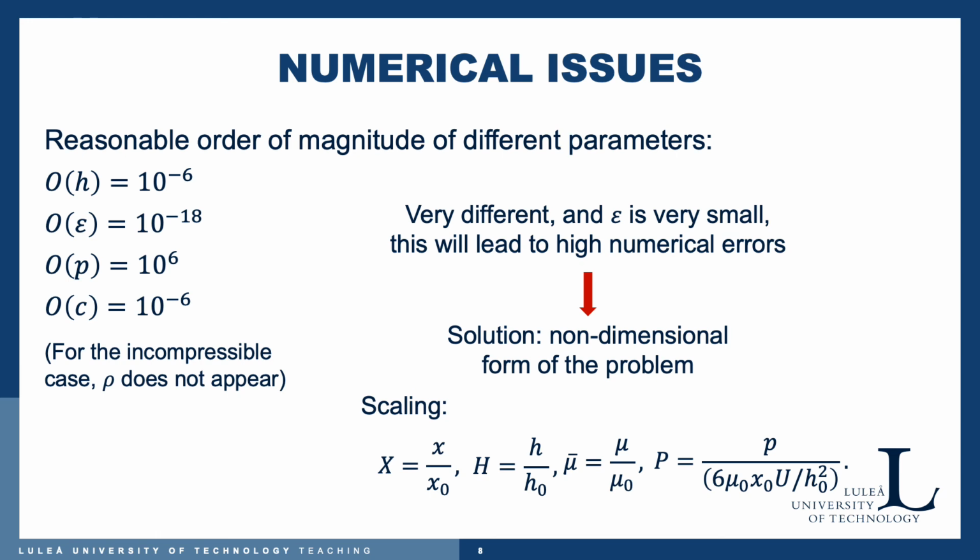One remedy to this would be to non-dimensionalize the problem and use scaling parameters that scale these variables to be of reasonable order in relation to each other. And the scaling we have considered before for making the problem dimensionless is such.